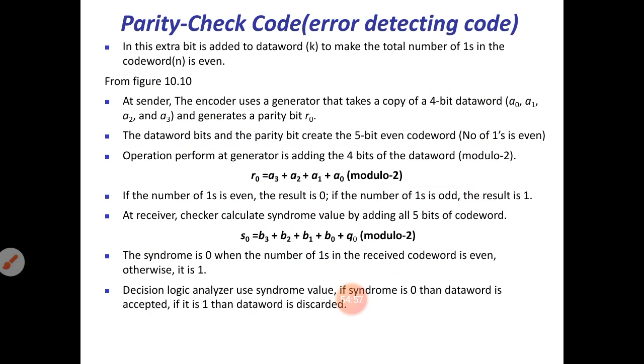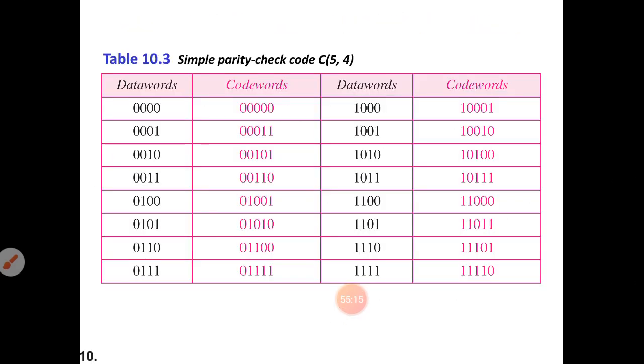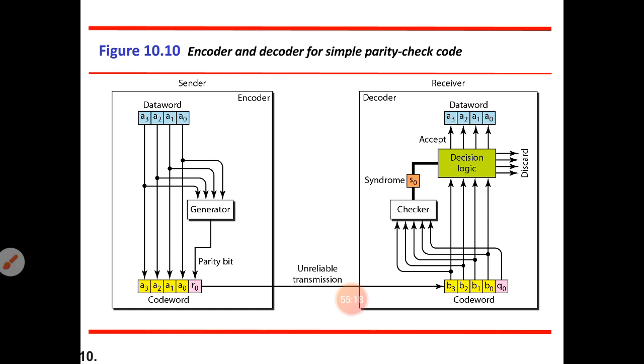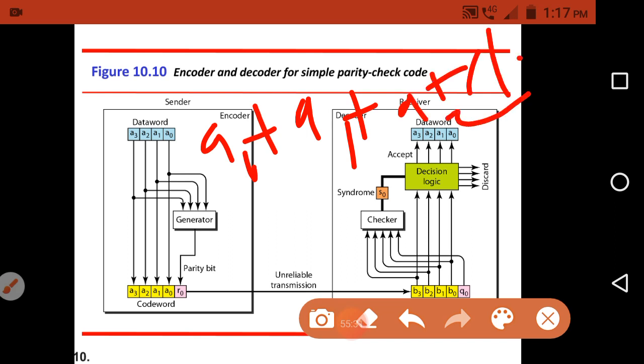This generator will add each bit of the data word. Here they have taken the data word as a3, a2, a1, a0, and the generator will add those bits, that is, a0 plus a1 plus a2 plus a3.